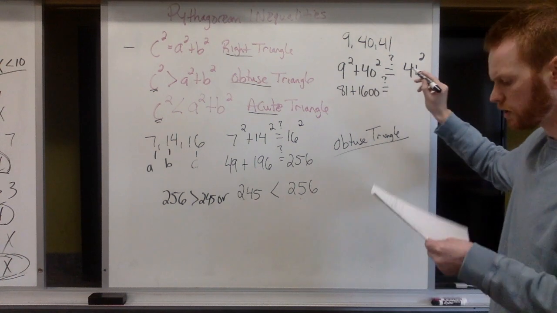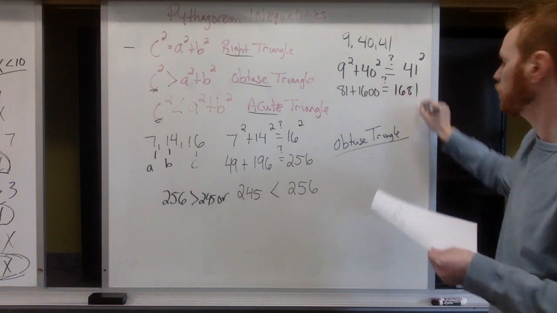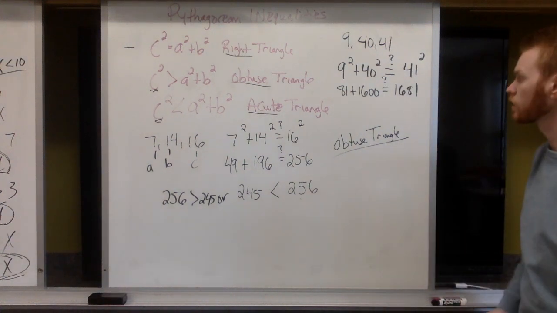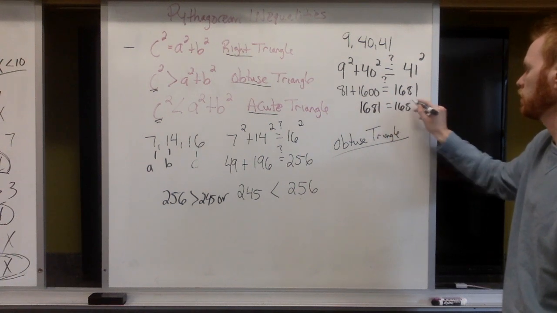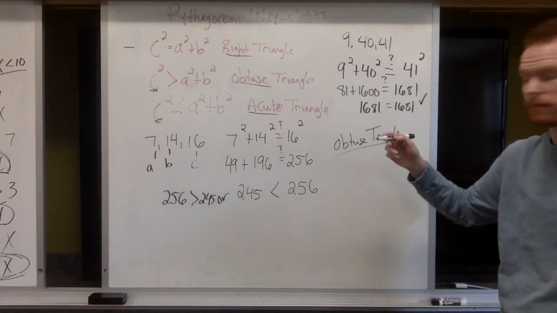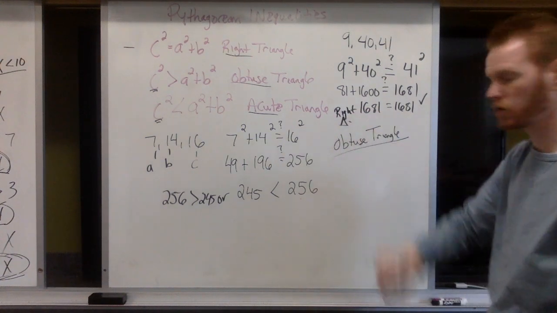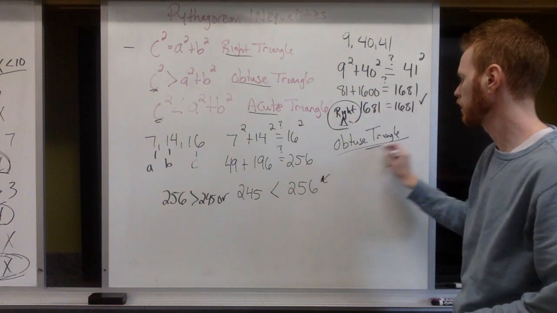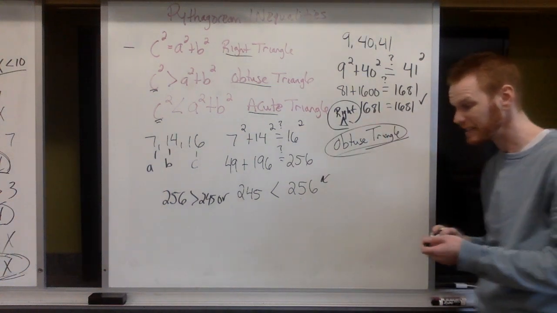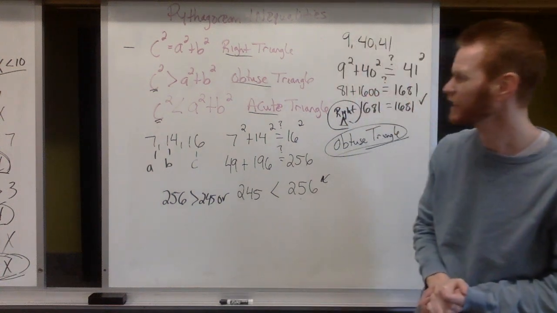Okay, does that indeed equal 1,681? Finish it out. We get 1681 equals 1681. Hey, that's a true statement. There we go. This is a right triangle. So this one is a right triangle, and this guy down here is an obtuse triangle because the hypotenuse is bigger than the legs. Okay, and there we go.